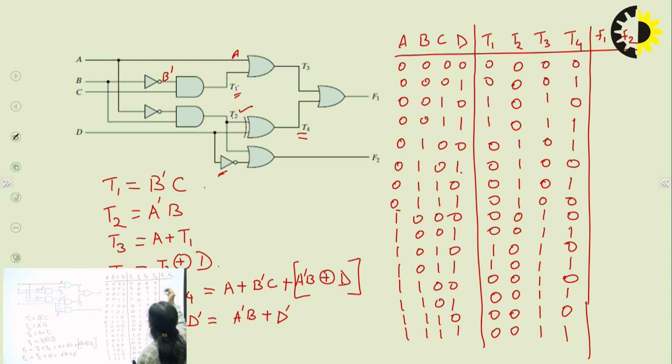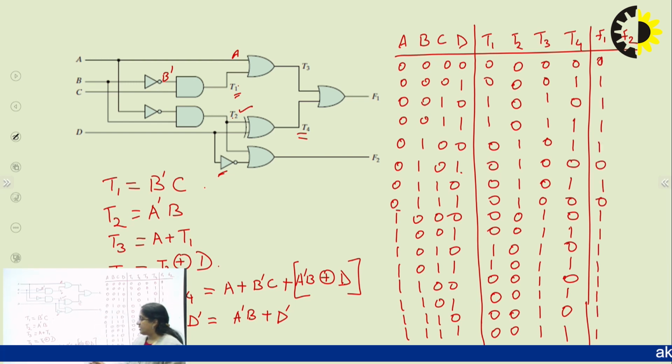Now we have to write the F1 and F2 values. F1 depends on T3 and T4, and if either one is high, F1 output is high. Similarly, for F2, D should be 0 or T2 should be high, either of these, or both are high, then also it's okay. So D is 0 and T2 is 0, so it's 1.